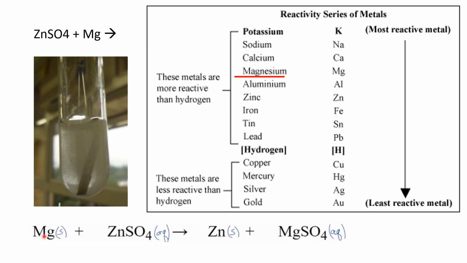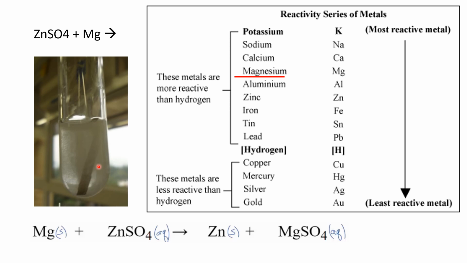So magnesium is transformed to magnesium sulfate. The solid magnesium ribbon starts to dissolve kasi naging magnesium sulfate na siya, a water-soluble salt. And the grayish product here is zinc metal deposit.